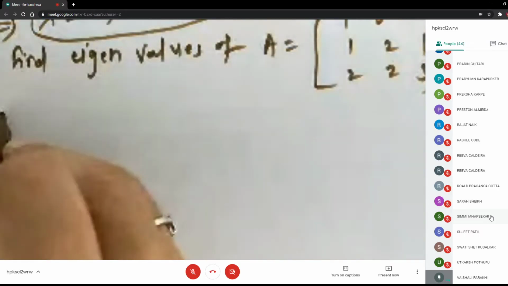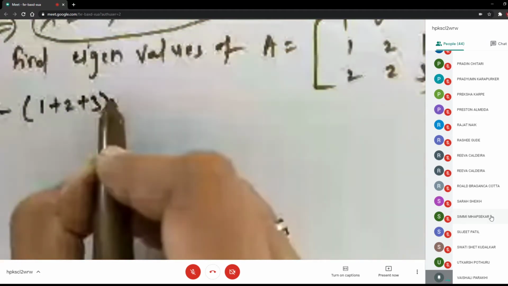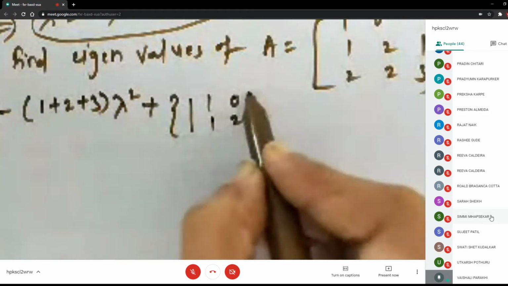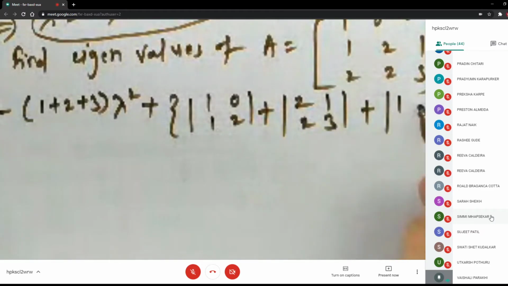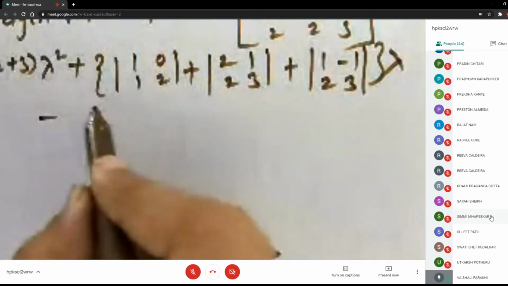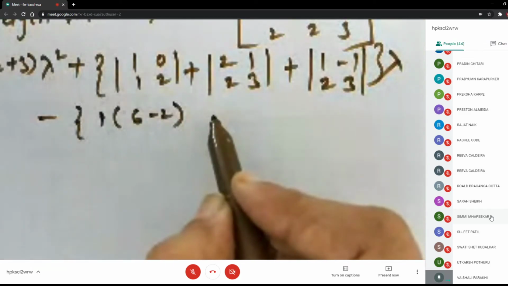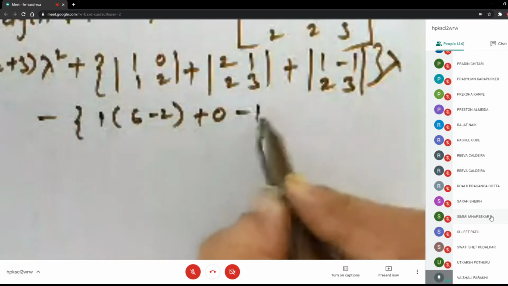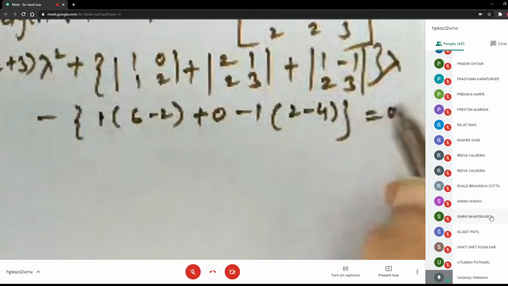It is lambda cube minus the sum of the diagonal elements, that is 1 plus 2 plus 3, lambda square, plus the determinant of 1 0, 1 2, plus 2 1, 2 3, corner elements, coefficient of lambda, and minus this is 1 into bracket 2 3 is 2, middle term will be 0, everything is 0, minus 1 into 2 minus 4 is equal to 0.